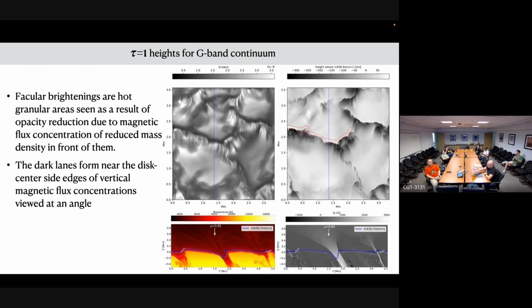So here the red contour marks the dark lane in G band, and as you can see, the formation height is the same for this dark lane and the neighboring granule. However, the temperature is lower there, and that's why we see them as dark lanes in G-band filtergrams.